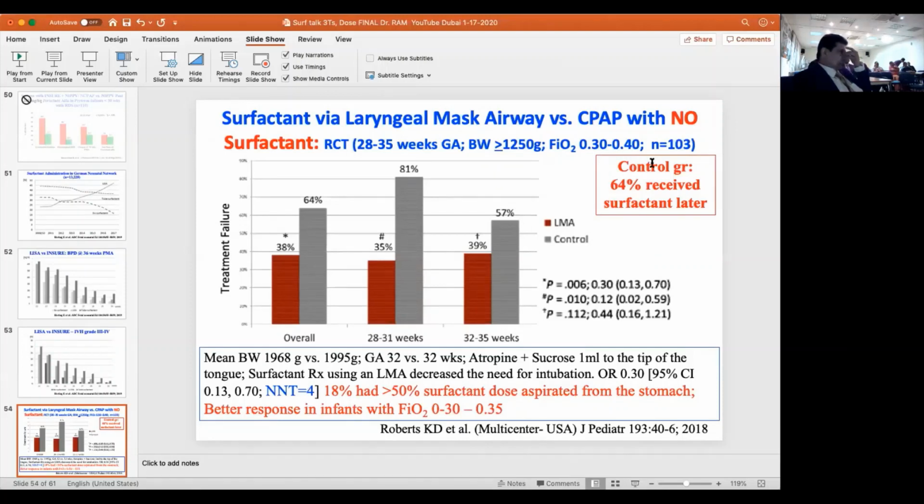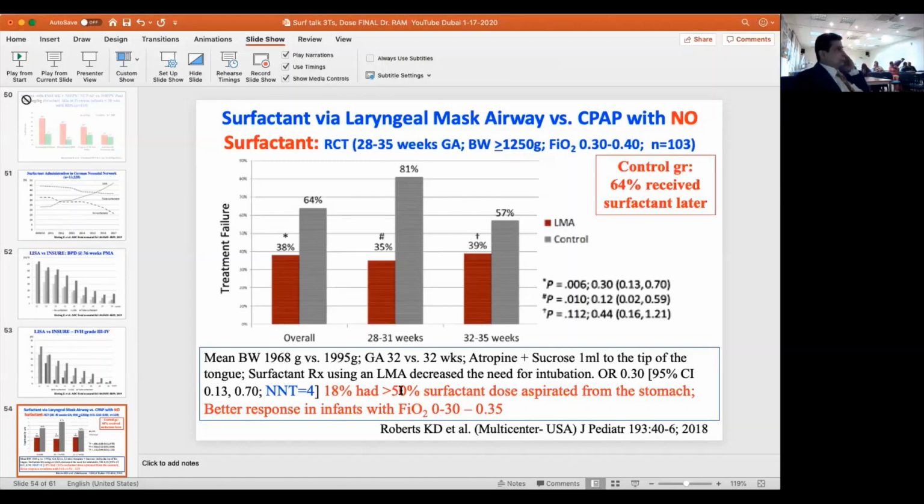However, if you look at the control group, again, 64% of the babies received surfactant later on, with LMA surfactant administration. So they also aspirated after LMA treatment.